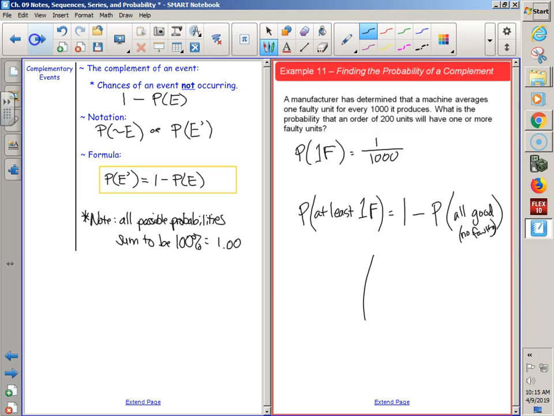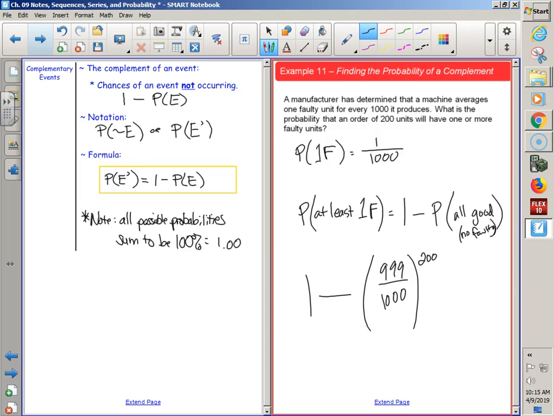Yeah. You open all 200, and they're all good, and then you do 1 minus. What's the chance of that happening? Well, 999 out of 1,000.